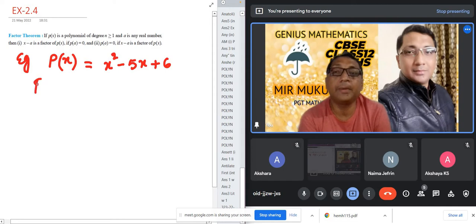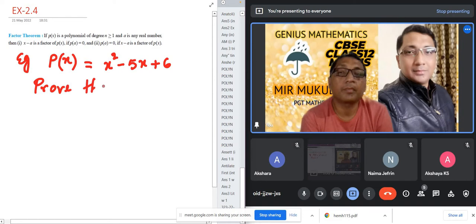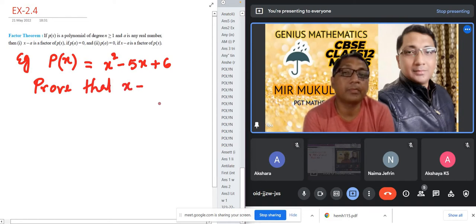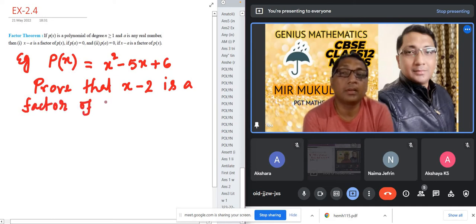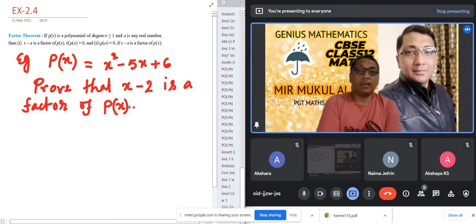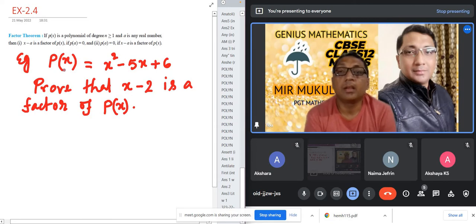Prove that x minus 2 is a factor of p(x). So p(x) equals x squared minus 5x plus 6. This is the given polynomial.